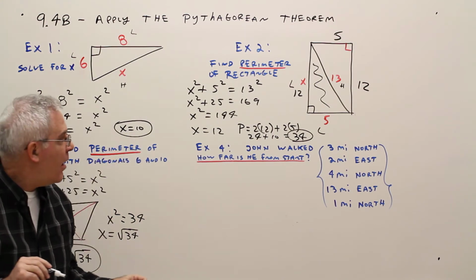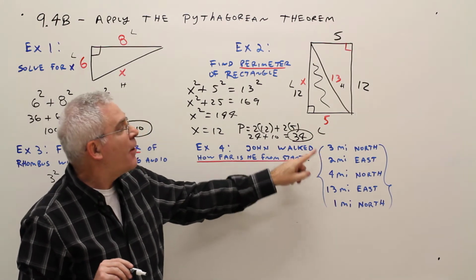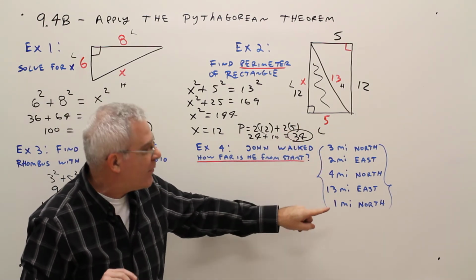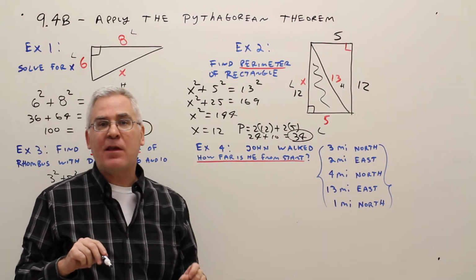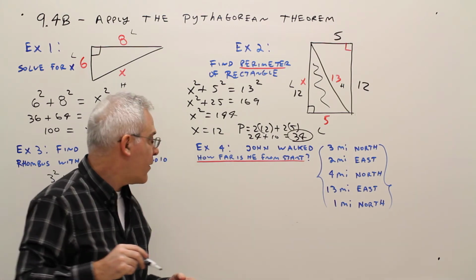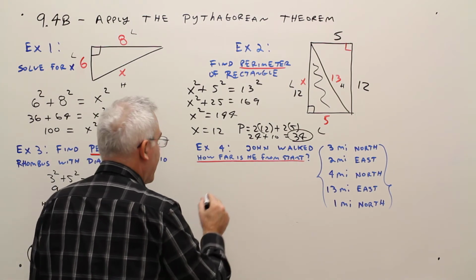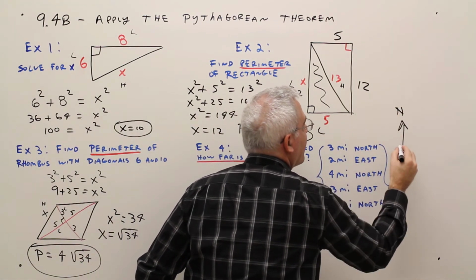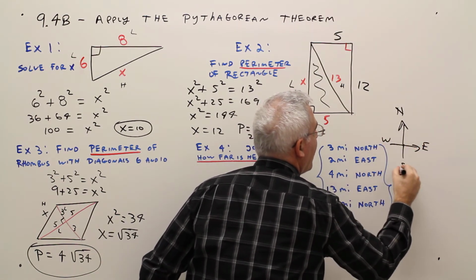All right, example 4. John walked 3 miles north, then 2 miles east, then 4 miles north, then 13 miles east, then 1 mile north. Okay, a little zigzag. How far is he at the end of the journey compared to the start? Okay, well, I'm going to do it this way. So just so you guys are aware, that is north, that is west, that is east, that is south.